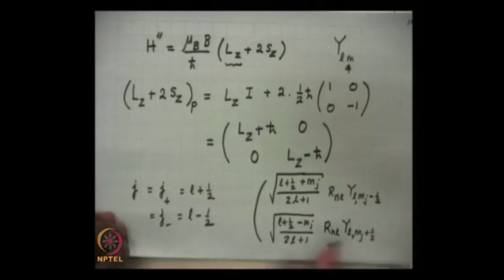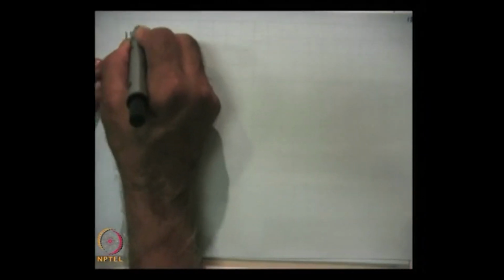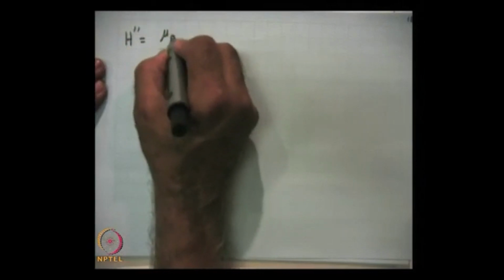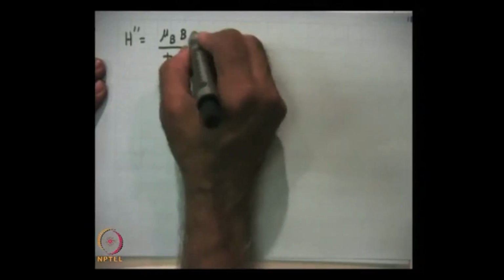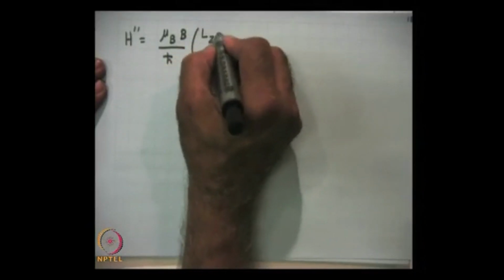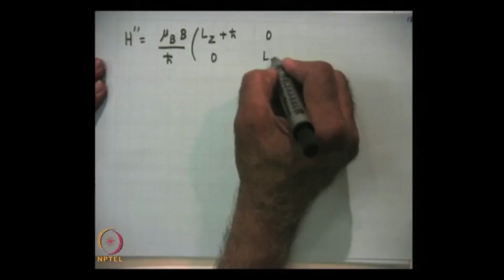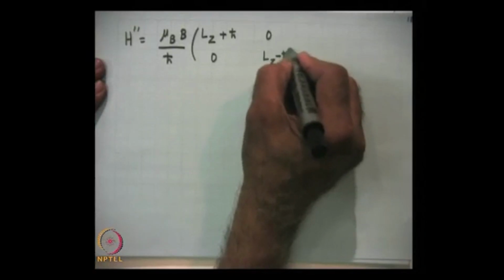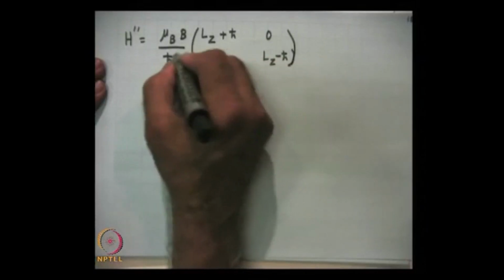Okay. So, let us suppose this is my phi function. Let me write it down: H double prime is equal to mu b, b by H cross, Lz plus H cross, with zeros off the diagonal and Lz minus H cross, multiplied by H cross.